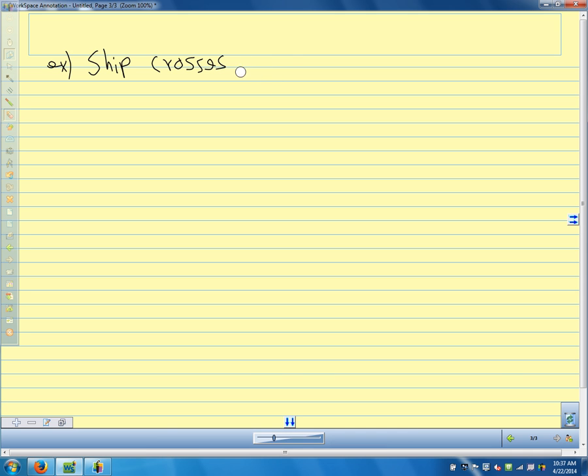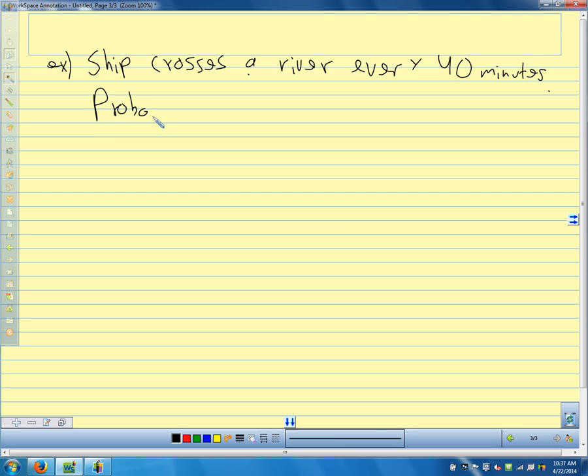It crosses a river every 40 minutes. And we're not going to worry about the time it takes for the ship to turn around, or to load and unload. We say it gets there and leaves every 40 minutes. We want the probability. We're going to show up at the station at a random time.